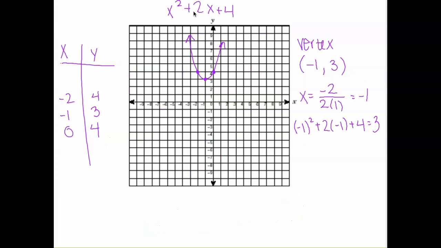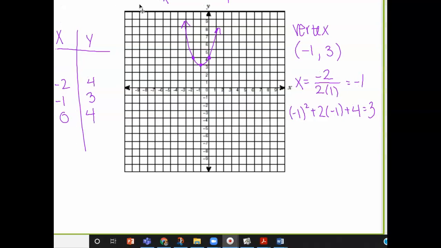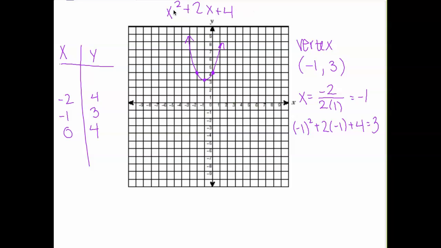What I wanted you to do is consider the graph of the function x squared plus 2x plus 4. Go ahead on your graph, and I put all of the key pieces of information up there for you. Sketch out the graph of x squared plus 2x plus 4, and then we're going to answer the questions over on the left about that graph.